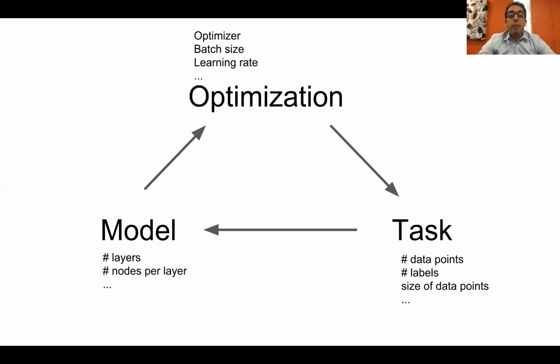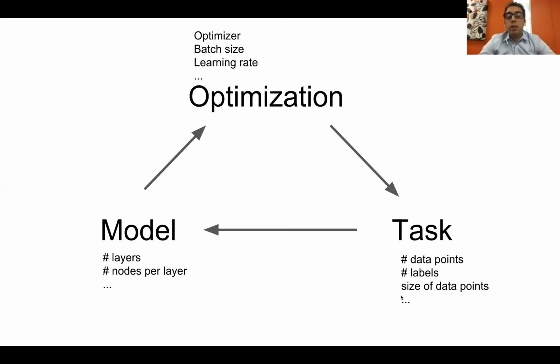And then you can adjust the batch size and learning rate, and all of this has an effect on how fast your model converges.